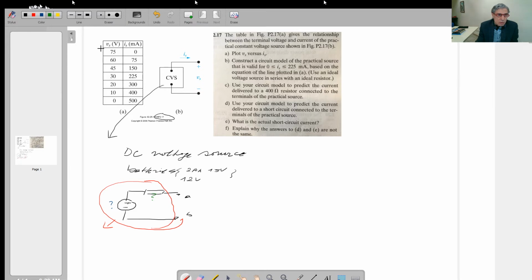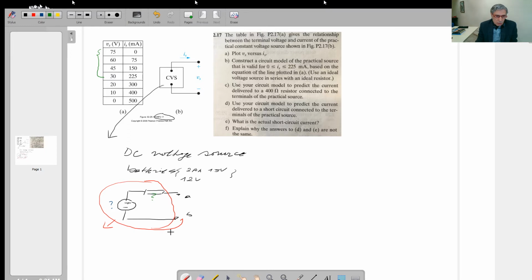That means we're going to use this part, and we are asked for the values of these ideal elements, based on the equation of the line plotted in A, using an ideal voltage source in series with an ideal resistor. Now I'm not going to do it by the plot, but I'm going to show you how I'm going to calculate those two values.